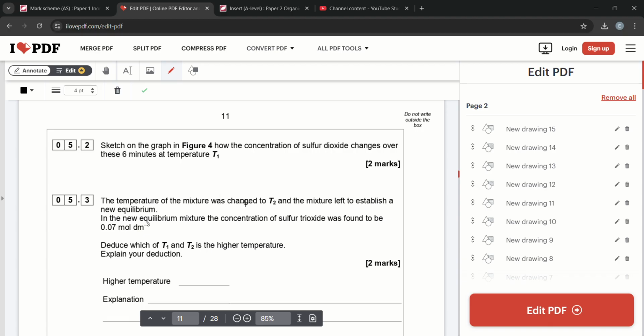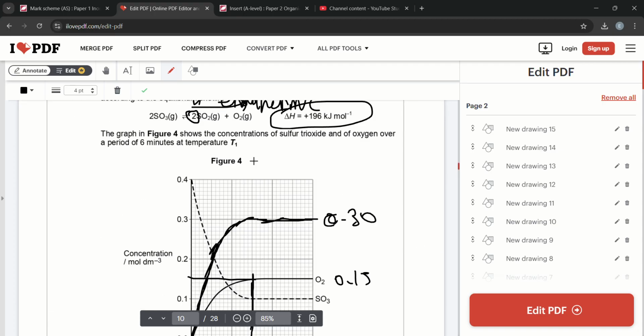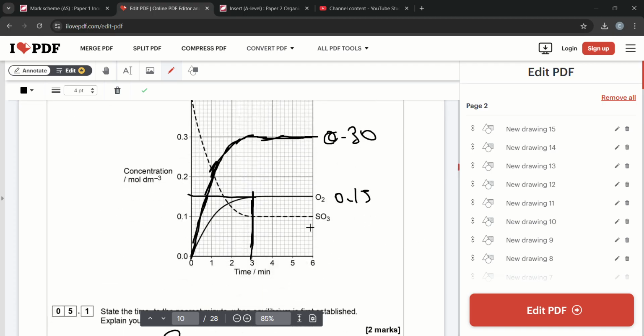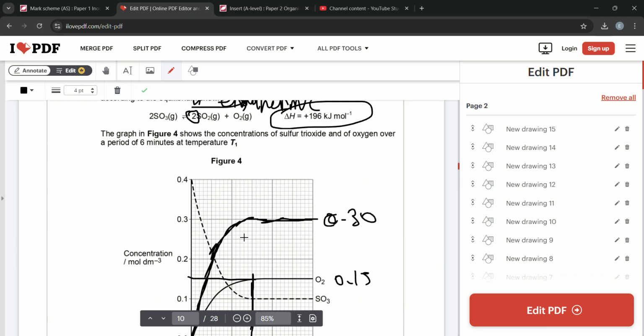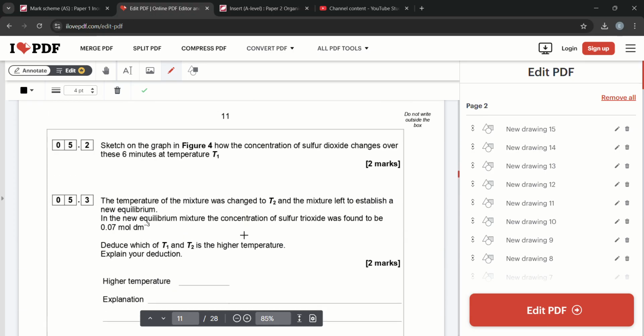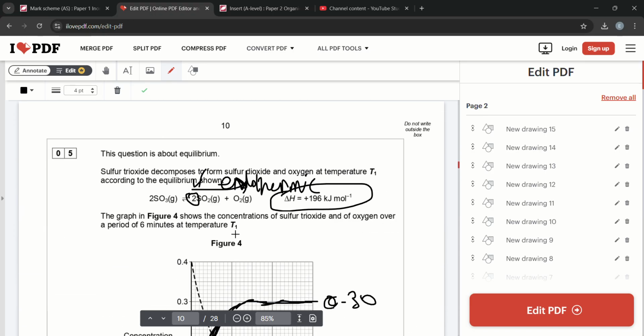In the new equilibrium mixture, the concentration of sulfur trioxide was 0.07 mole per dm cubed. And it's currently 0.1, so it decreases. So that tells me which way is it going to move? Well, it's going to move to the right hand side, because if it moved to the left hand side, sulfur trioxide SO3 would increase, but it decreases.